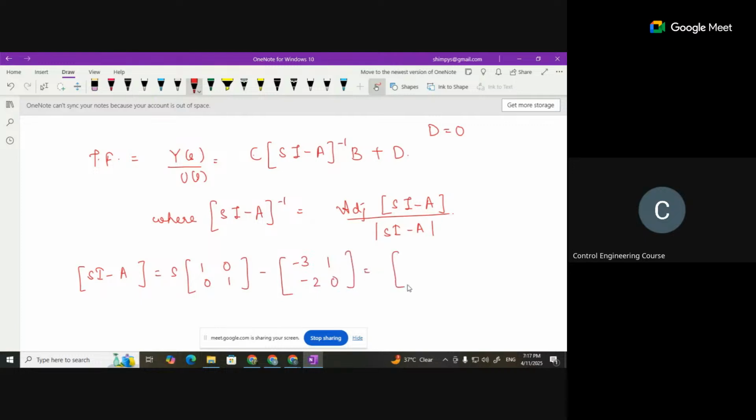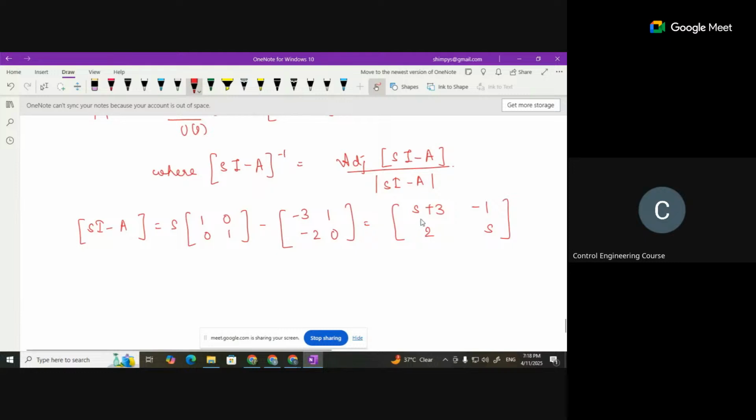So this comes out to be s plus 3, then minus 1, 2, and this is your s. What is a cofactor matrix? Since this is a 2 cross 2 matrix, you can easily find it out. But if it is a 3 by 3 matrix, you should know the method. But this is simple. You can directly write it down.